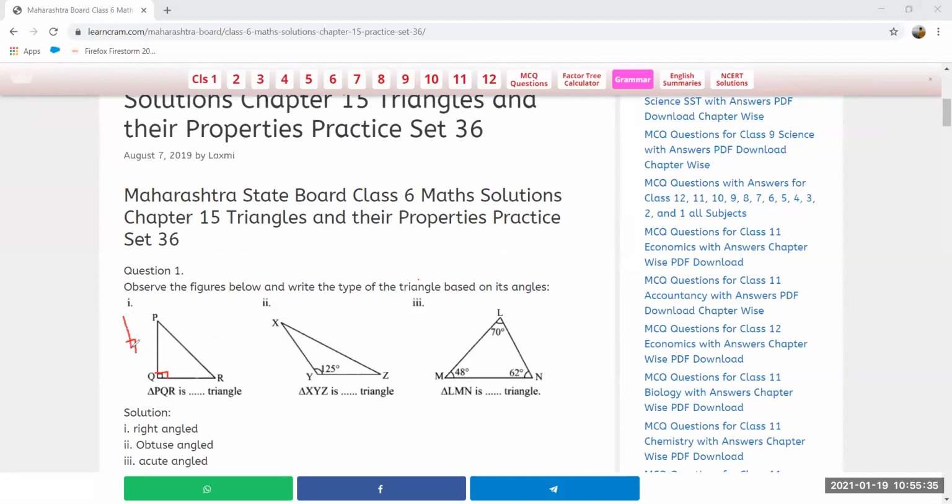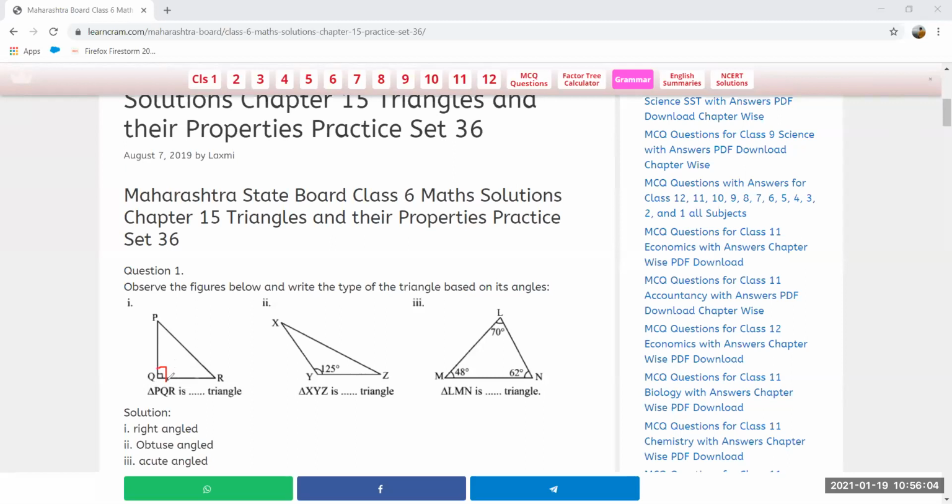In such case we call it triangle PQR is a right angle triangle, as it shows 90-degree angle. So we can say that this is a right angle triangle, as one of the angles of this triangle is 90-degree. This sign shows that one of the angles is 90-degree.